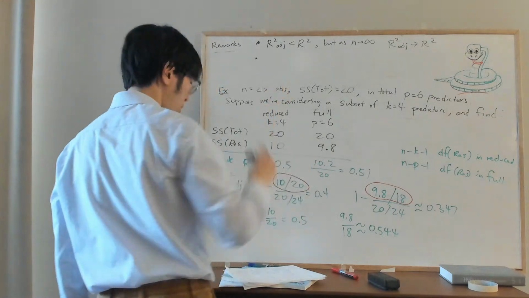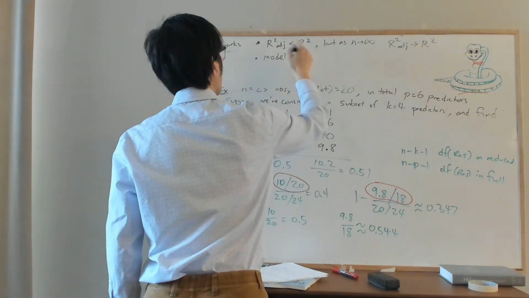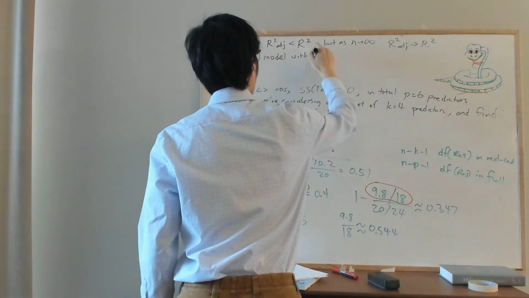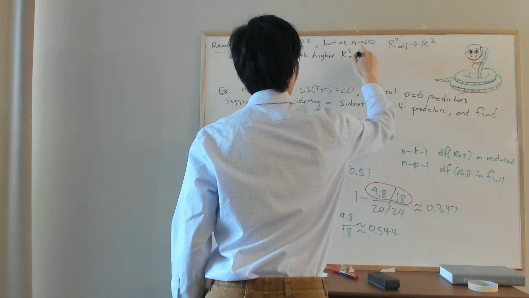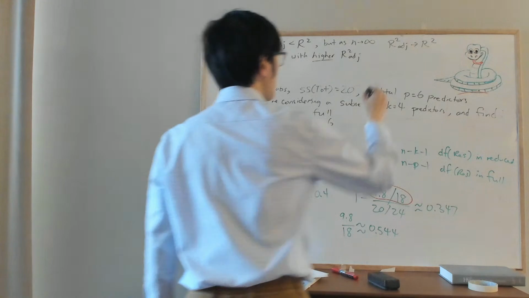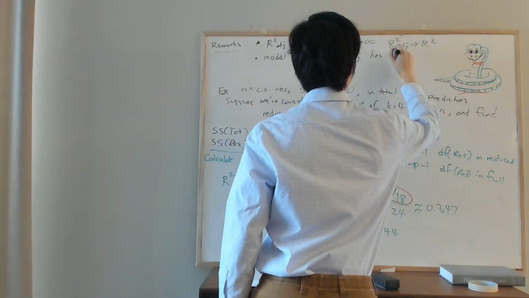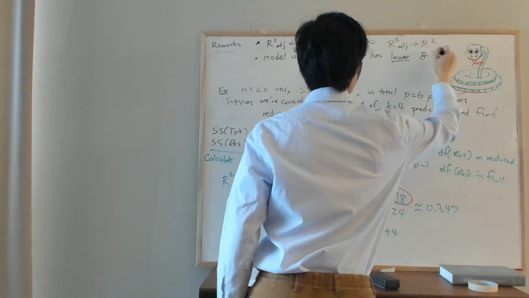So what we can say then is that the model with the higher adjusted R squared has the lower sigma squared hat.